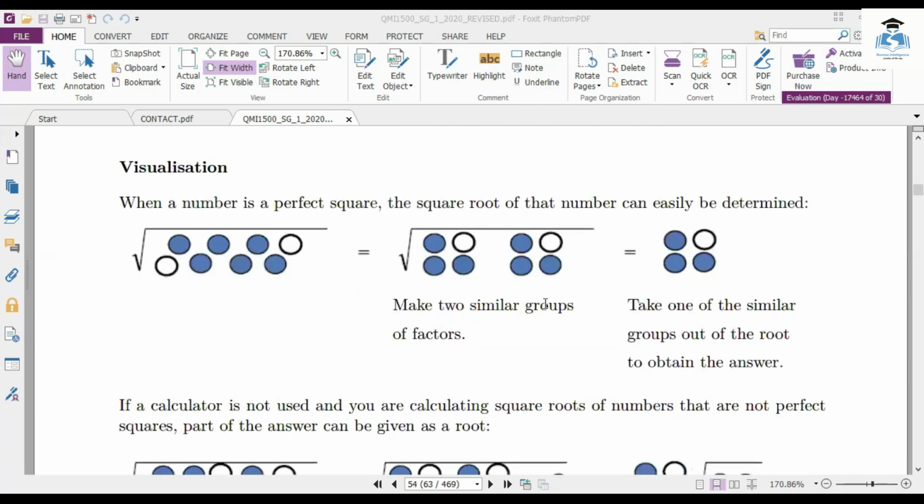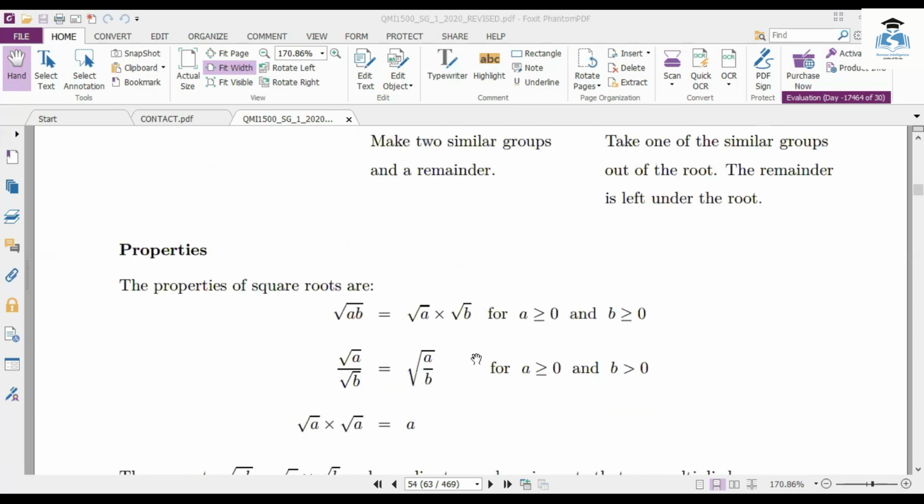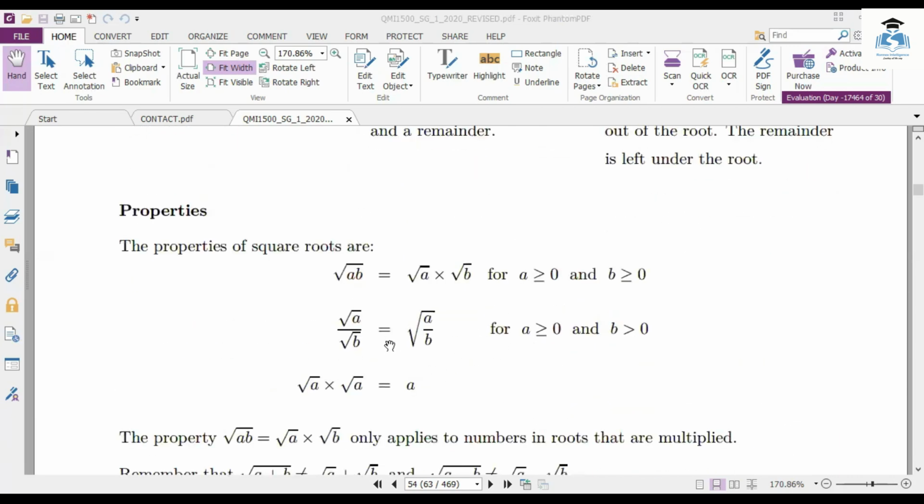This one, you can just use your calculator. These properties: root a b is the same as root a times root b. Root a over root b is the same as root of a over b.